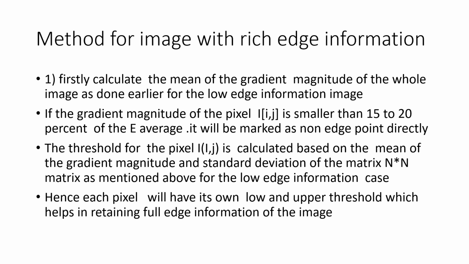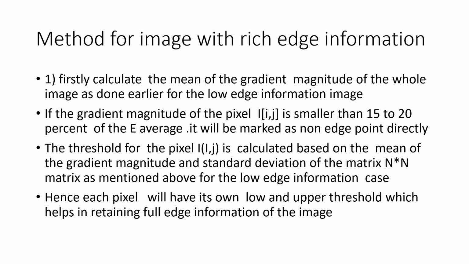For this kind of image, we are now going to discuss a new methodology. If the gradient magnitude of the pixel I(i, j) is smaller than 15 to 20% of the E average, then we neglect that pixel value. This process helps guarantee that for images with a large field of view and rich edge information, the improved algorithm won't introduce more noise, meaning it will increase the SNR.